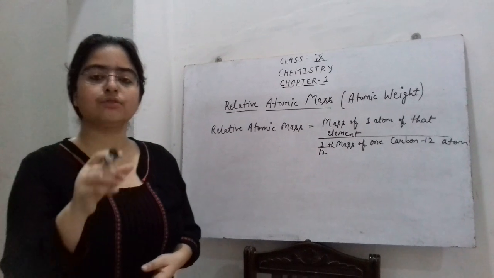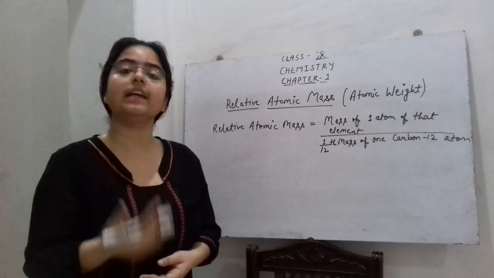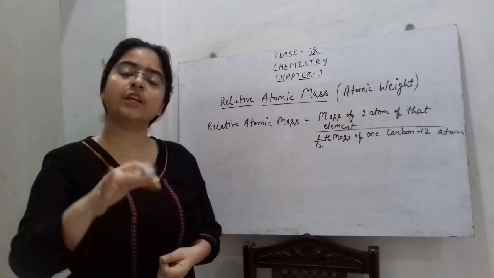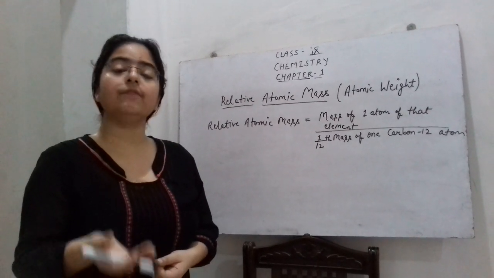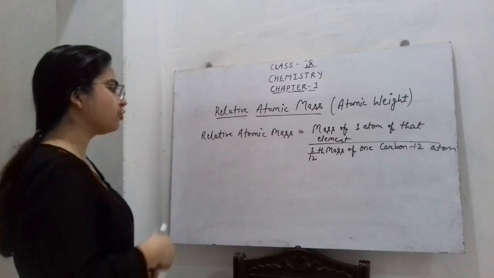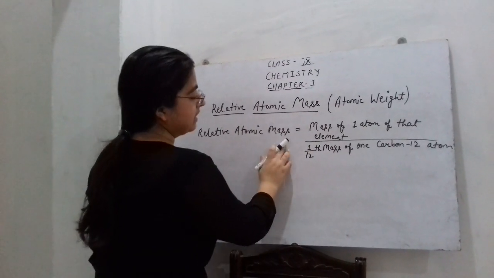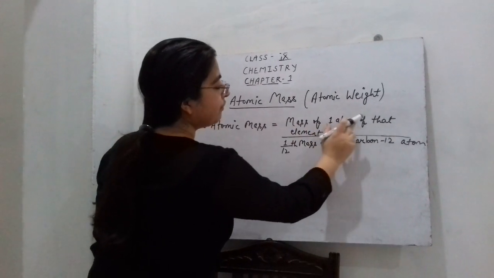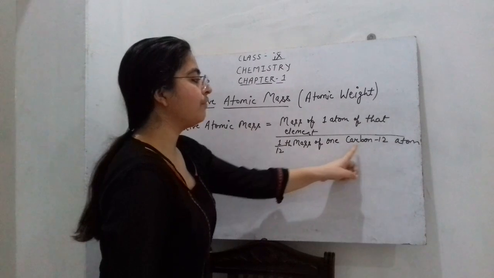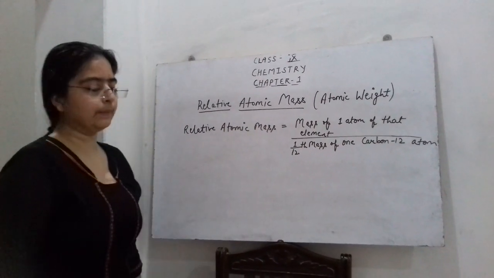The relative atomic mass of any element indicates how many times heavier the mass of one atom of that element is than 1/12 mass of a carbon 12 atom. So we can write down relative atomic mass is equal to mass of one atom of that element divided by 1/12 mass of one carbon 12 atom.